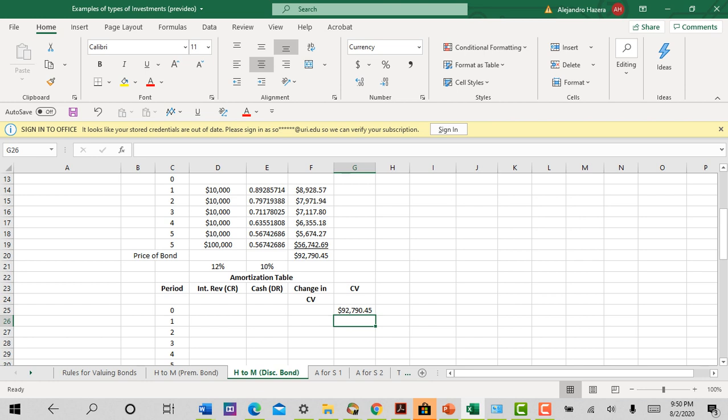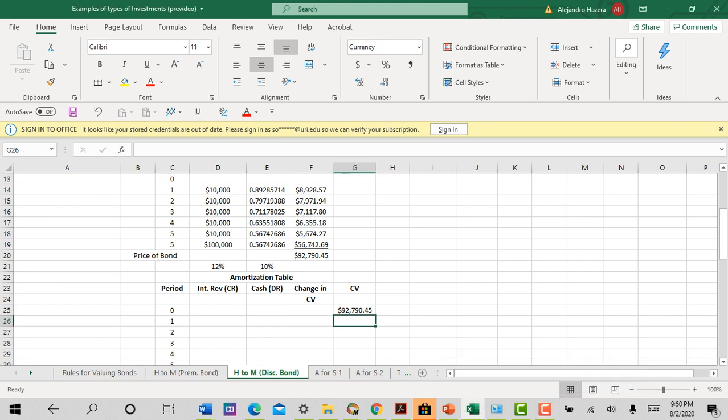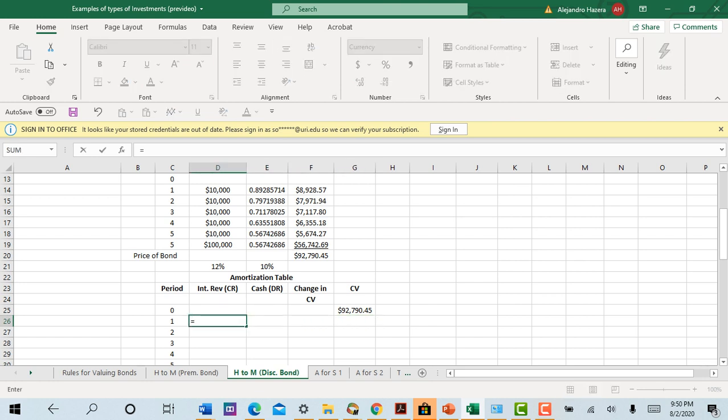Okay, the sound looks good. So the initial carrying value is the price. The mechanics are all the same. The interest revenue is going to be the previous period's carrying value times the yield rate of 12%.